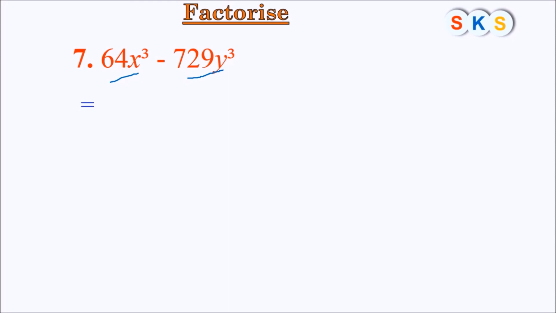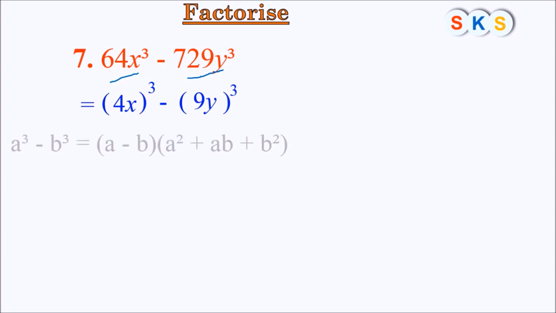So it will be 4x the whole cube minus 9y the whole cube. Now you can see that this question is converted into the form of a cube minus b cube. So we will use here the formula of a cube minus b cube, which is equal to a minus b into a square plus ab plus b square.